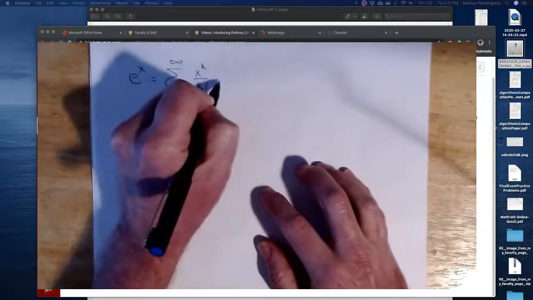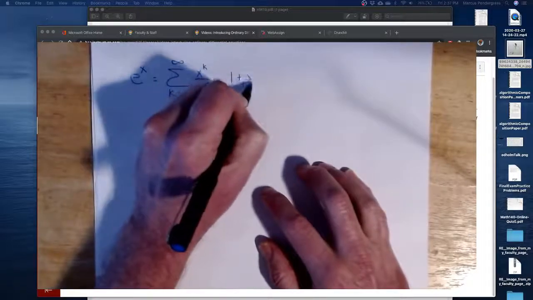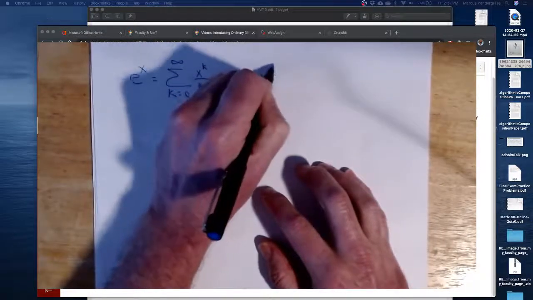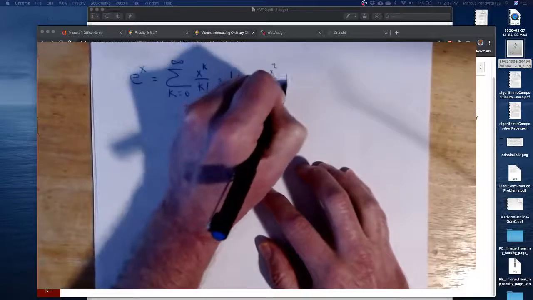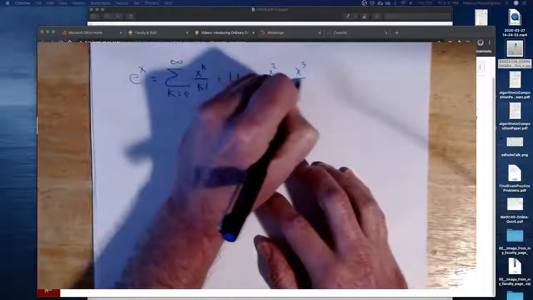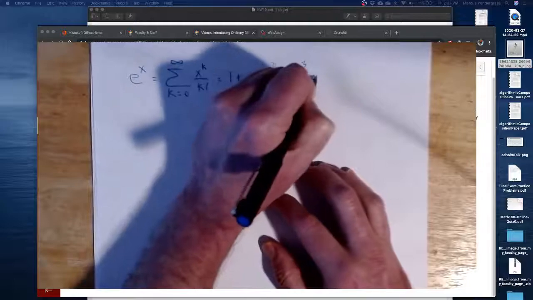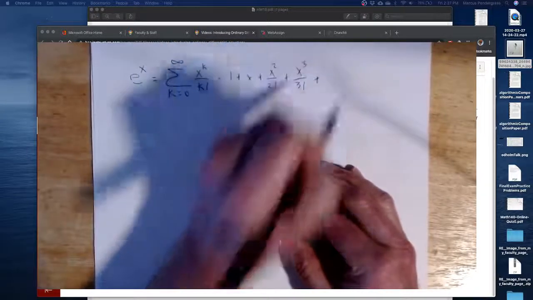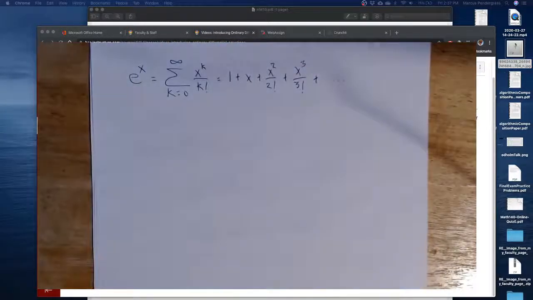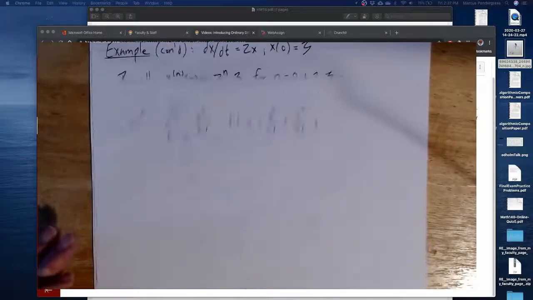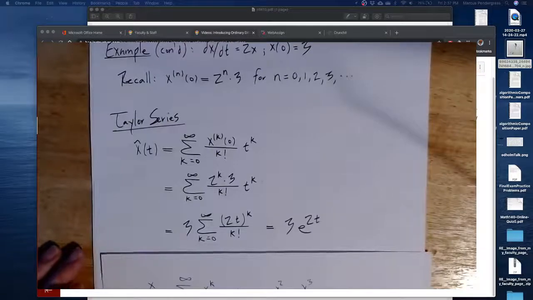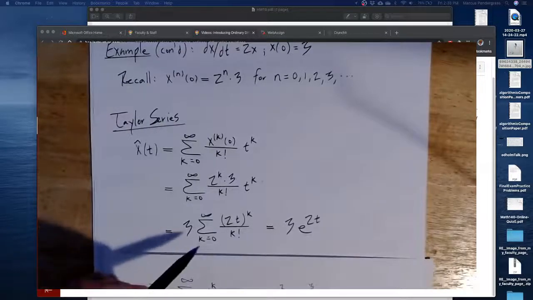And so that would be 1 plus x plus x squared over 2 factorial plus x cubed over 3 factorial plus ... That pattern continues.